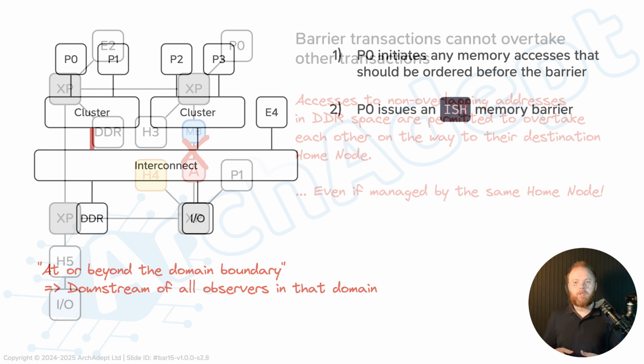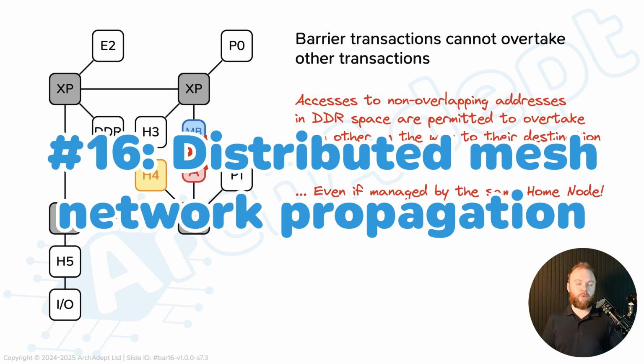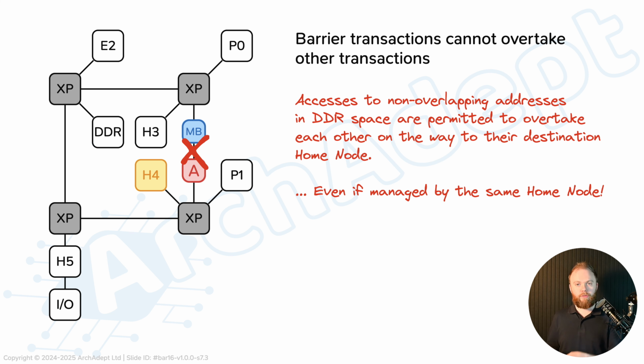To expand on that point, well then, the first ground rule dictates that these two transactions must take the same path through the interconnect fabric to reach home node H4, and the second rule then dictates that access A reaches home node H4 first, followed by the barrier transaction.